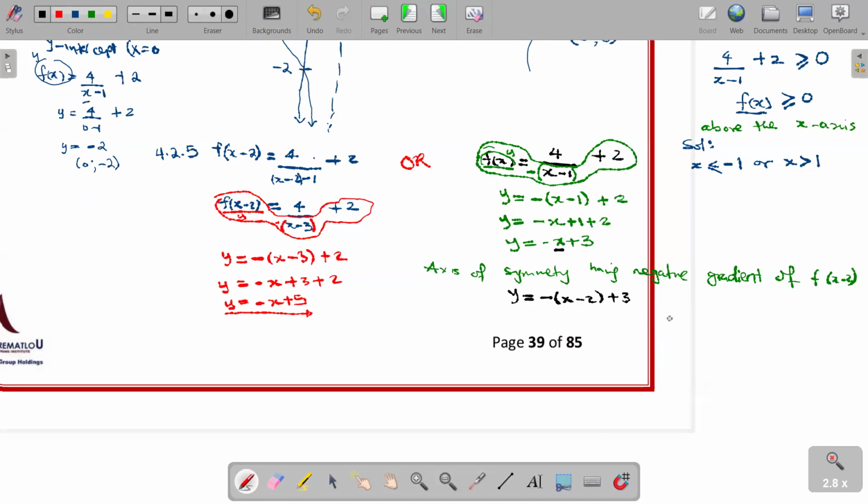So it's going to give what? y equal to negative x positive 2 positive 3. So y is equal to negative x positive 5. This becomes our answer. Thank you.